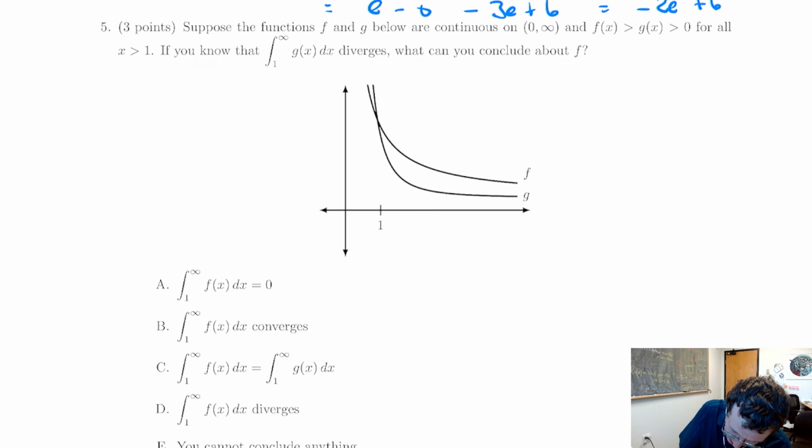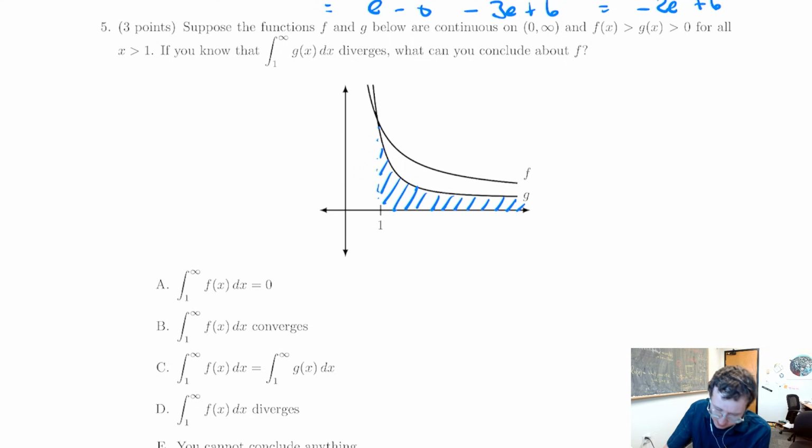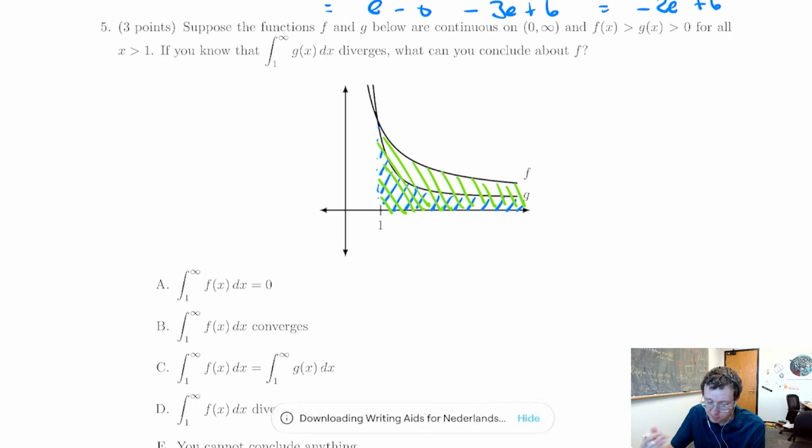And I know that the integral from 1 to infinity of g of x diverges. So if I were to try to integrate f from 1 to infinity, well, because f is greater than g, the integral of f is going to be greater than the integral of g.